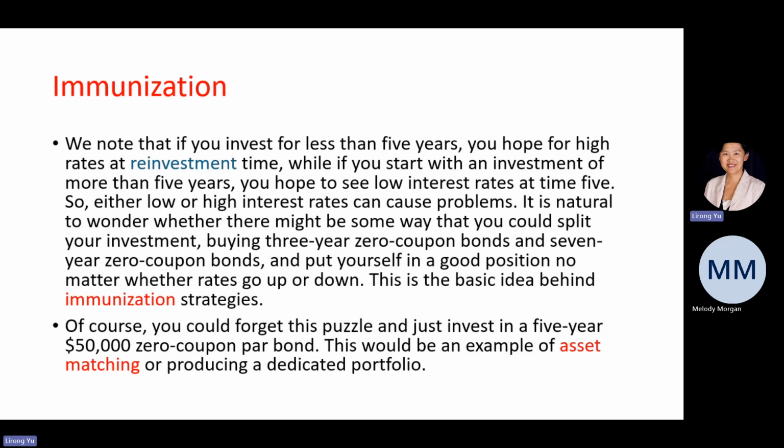You might lose money. Another situation is what if you invest in a 7-year zero coupon bond? Then you are supposed to hold it longer than the 5 years. So by time 5, you have to sell your 7-year zero coupon bond to cover your 5-year liability. But the bond you hold in your hand is your asset, so by the time you want to sell it, you want a lower interest rate, because you want to discount back to time 5.